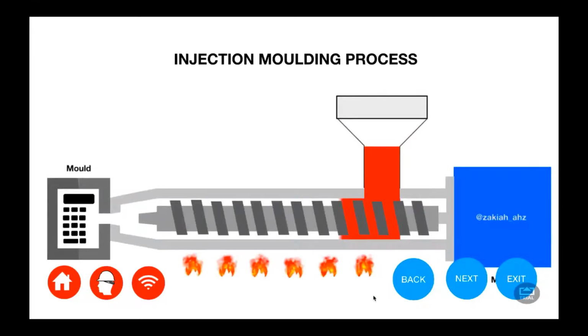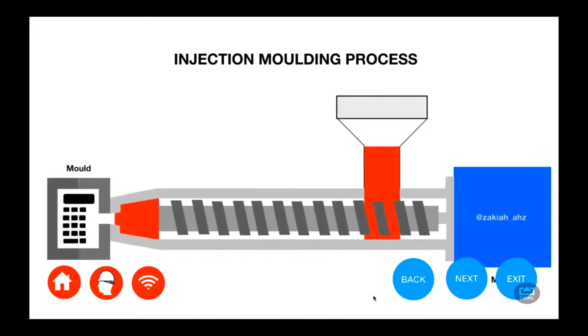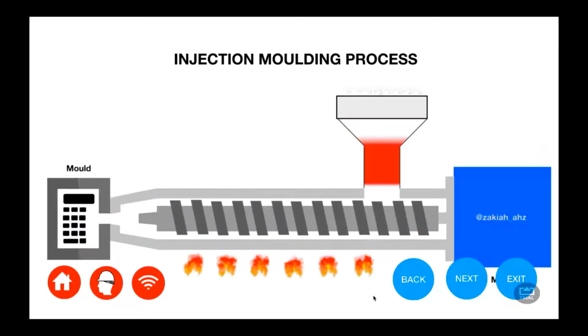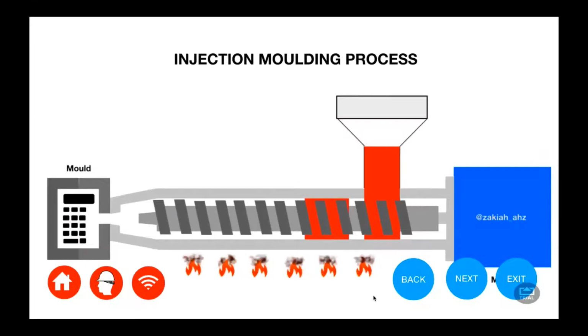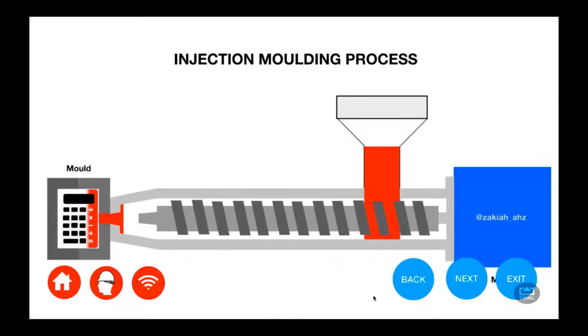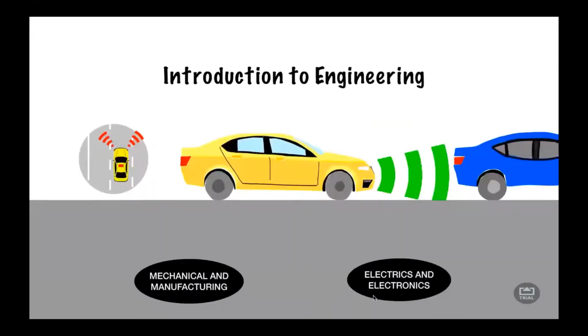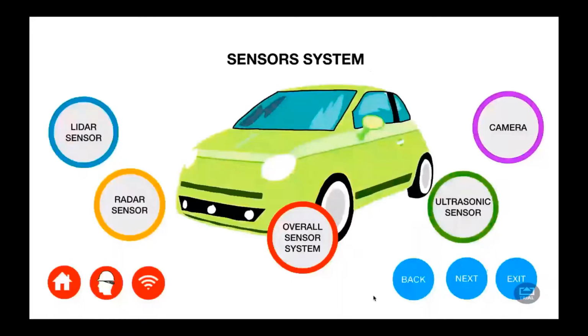Okay, so basically that is how you create your simple virtual lab. You put exit and go to the sensor system. Right, so you have to plan your content, what are the topics and subtopics and how they will link with each other. Okay, is there any question before I proceed?